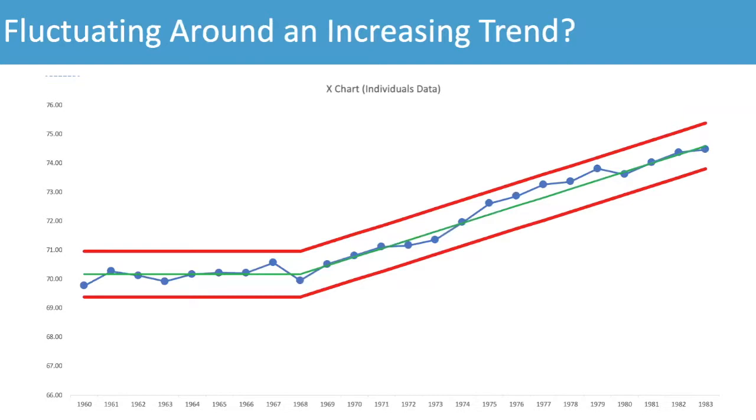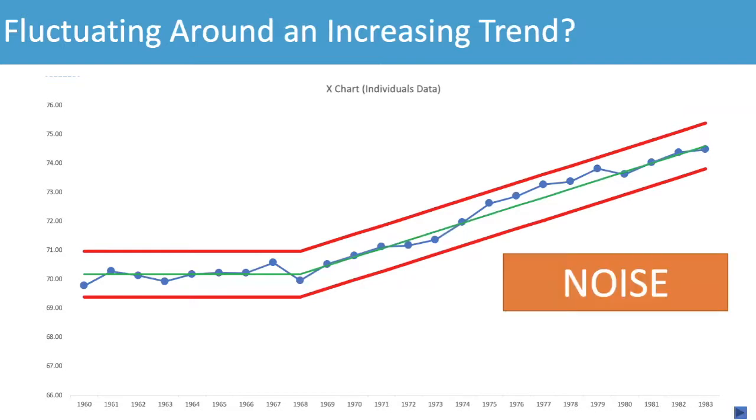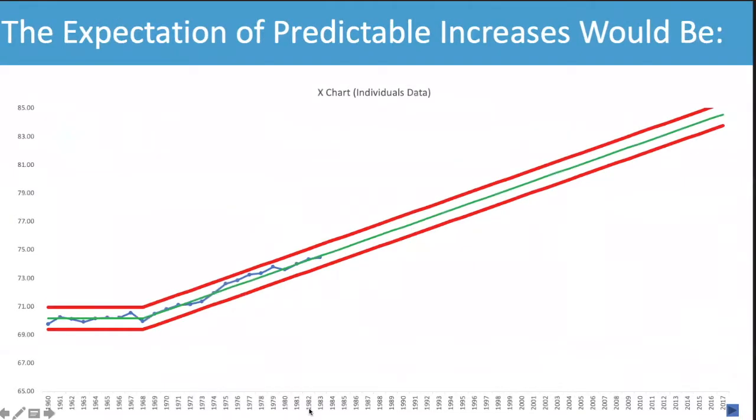Some data points are above that diagonal line, some are below. It's fluctuating within this newly defined realm of noise. So if this were now the predictable system where it's predictably increasing at a linear rate, we would extrapolate that. We would have expected it to keep going up around the green diagonal line and stay within those red limits. We would have gotten to 2017 with a life expectancy of about 84 years, it looks like.